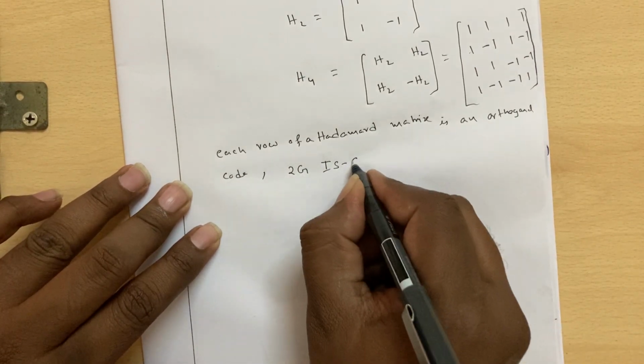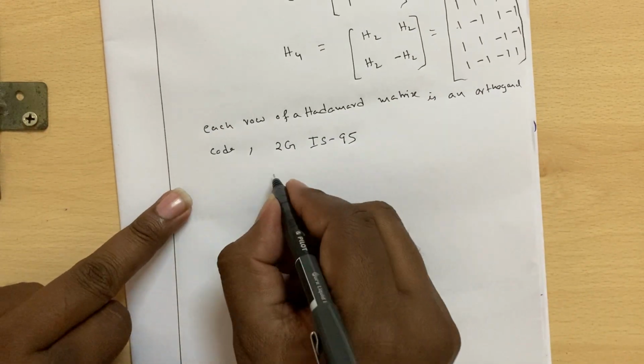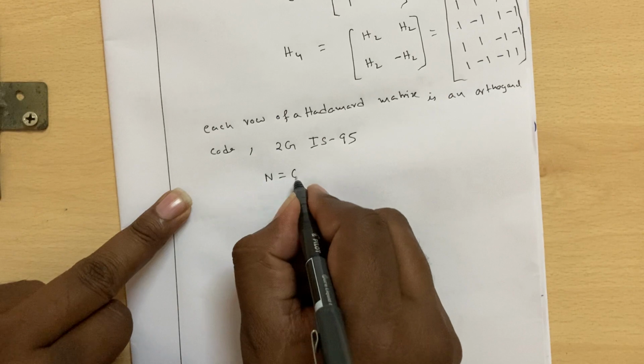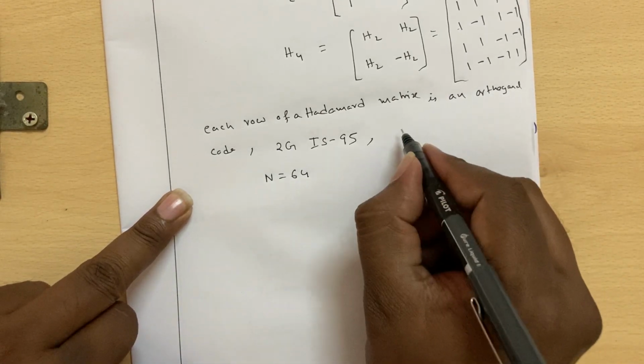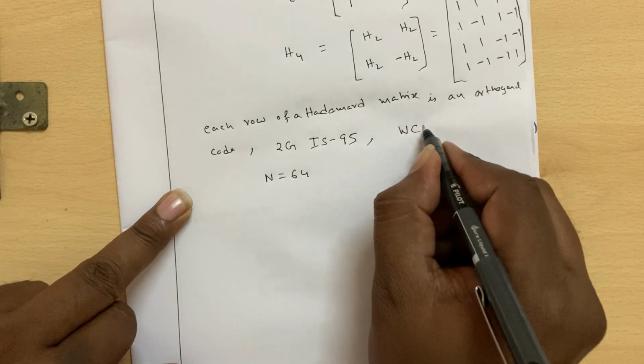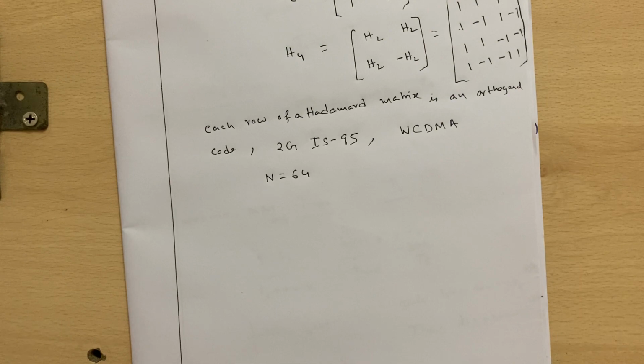This kind of method is used in the 2G standard IS 95 for the code word length of 64, and this matrix is also used in the 3G standard, that is WCDMA. Actually, in WCDMA there are variable lengths.